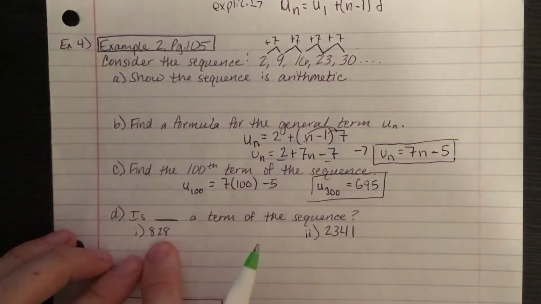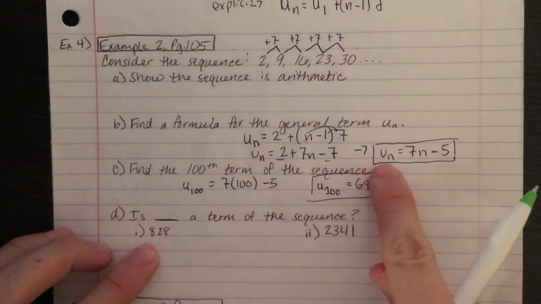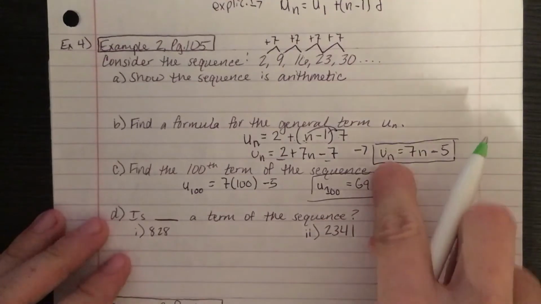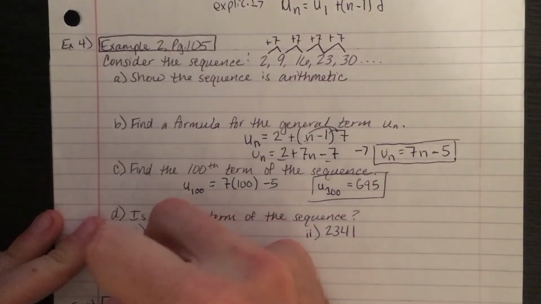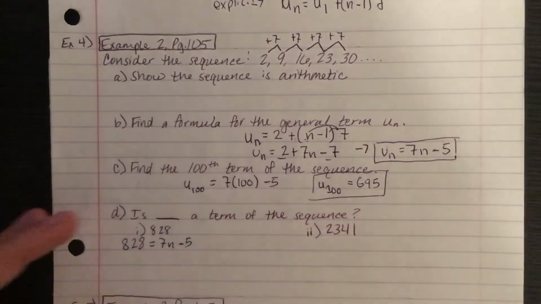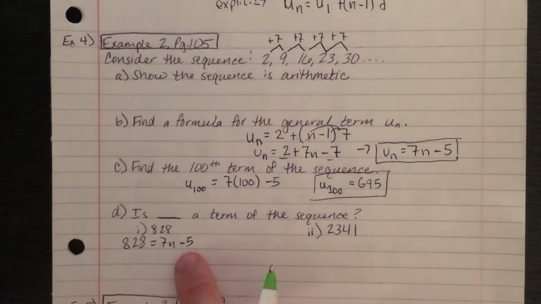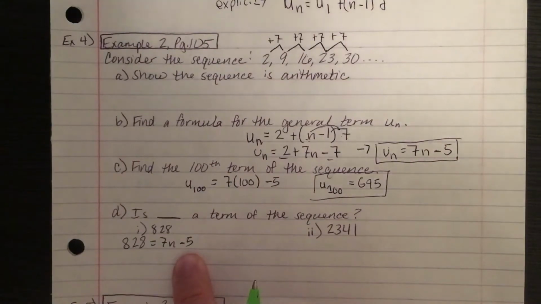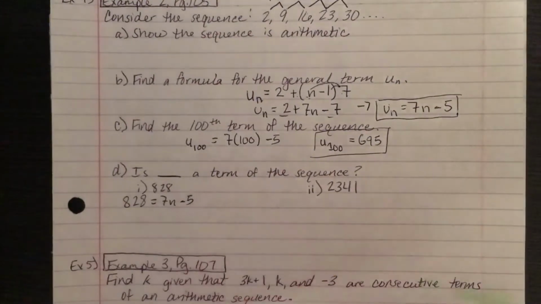We're going to set 828 equal to the general term, U sub n. We're going to say 828 equals 7n minus 5, and we're just going to solve this right here. If we get a whole number term, it's going to be a term. If it's not a whole number, it will not.